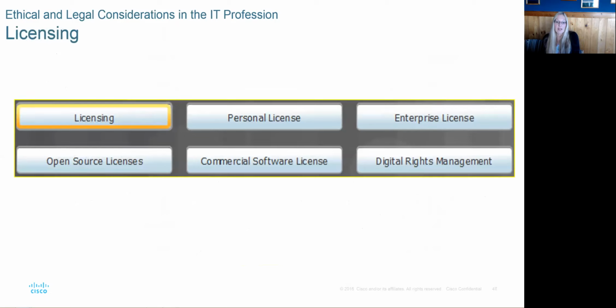So let's talk about licensing. I prefer open source software, mainly because it's free. But the problem is, who's that software coming from? So you need to make sure that you're looking at the reputation of the business or the people that have made the software.